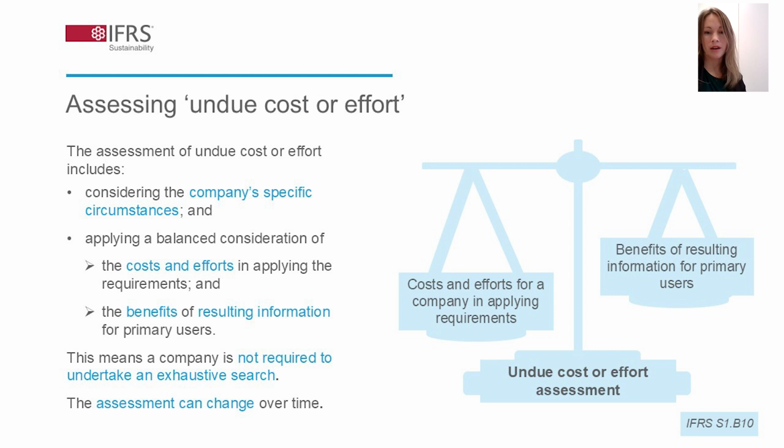This also means that a company can carry out a less exhaustive search if the cost of obtaining the information is proportionately higher for the company than for others with more resources.